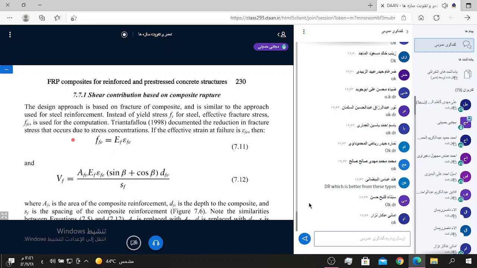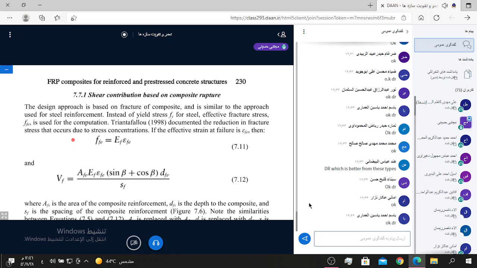For shear contribution of composite, design approach is based on fracture of composite, and in order to approach use of a steel reinforcement in the sense of yield, effective rupture stress, shown by ffe, is used for computation.